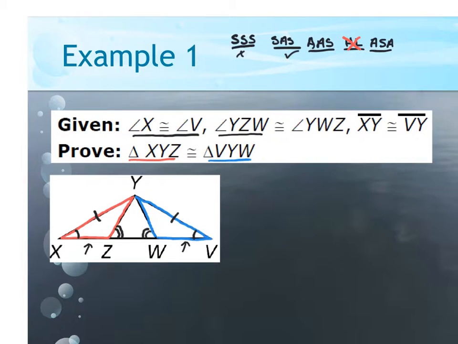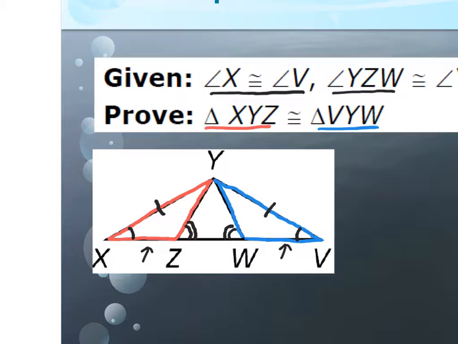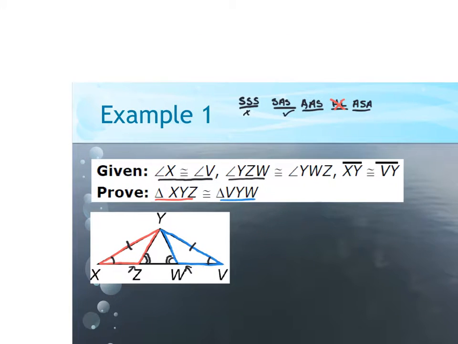That's a maybe. AAS, maybe, because look, if I only had this angle right here, the one right next door to the angle that they gave me, then that would be a possibility. And ASA, which is the top one up there. So really the only ones, no way on HL, probably not on SSS, but I'm down to one of those 3.